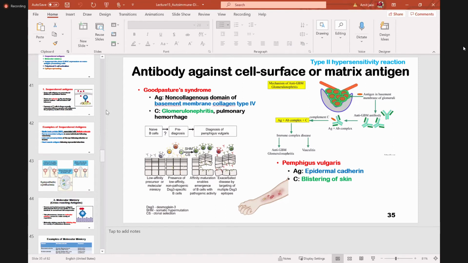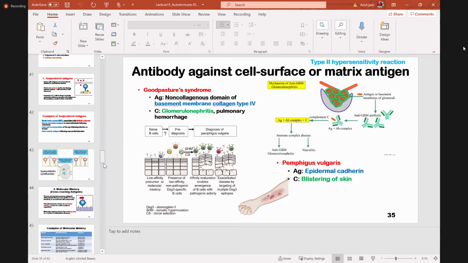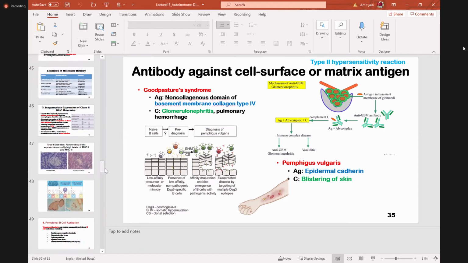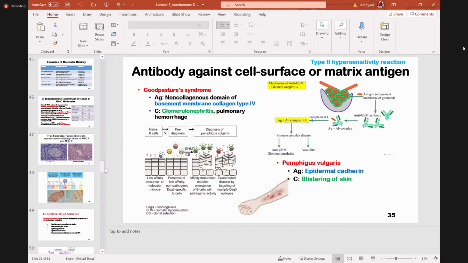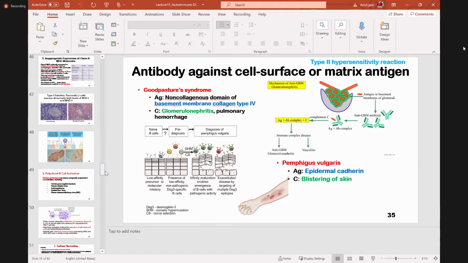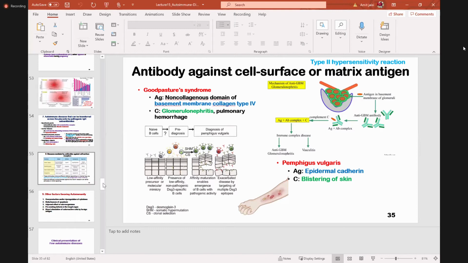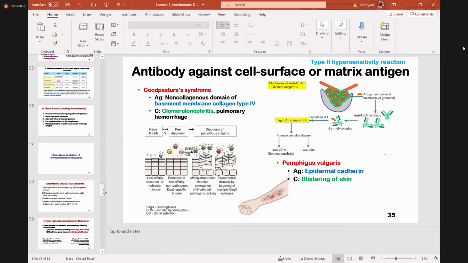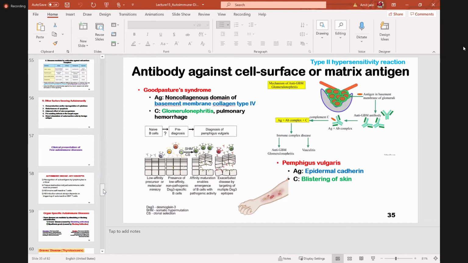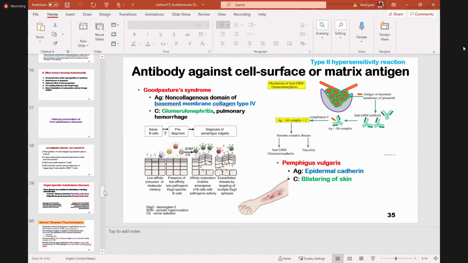Let's do this then. I have listed different classifications of autoimmune disease based on the mechanism, based on hypersensitivity, based on antibody transfer from the placenta of the mother to the child, and also based on the receptor. Basically, all the diseases have different pathogenic factors that cause autoimmune diseases through different mechanisms.